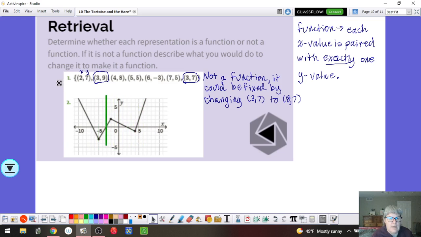Hopefully you're seeing that as I move this line across the screen, the green line only ever touches the graph at one point. So we would describe this as a function, because it passes the vertical line test.